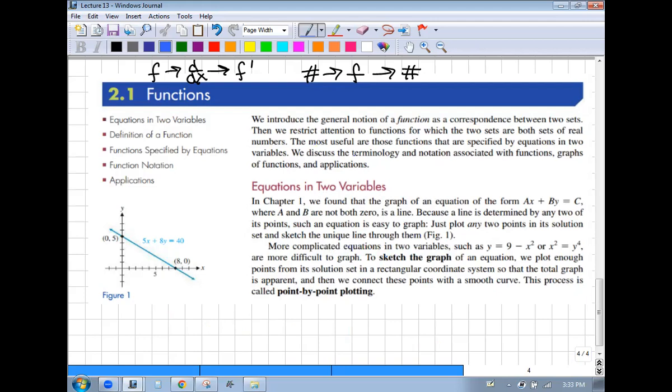So we're starting off with just the idea of a function, all right? These graphs didn't exist up until recently. This whole idea of an XY coordinate system is kind of new, right? They were dealing with functions way before we could visualize them, okay?